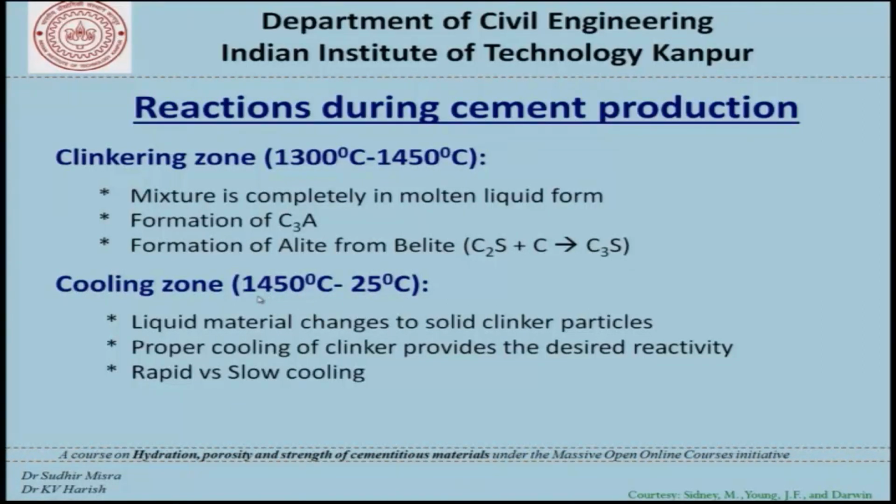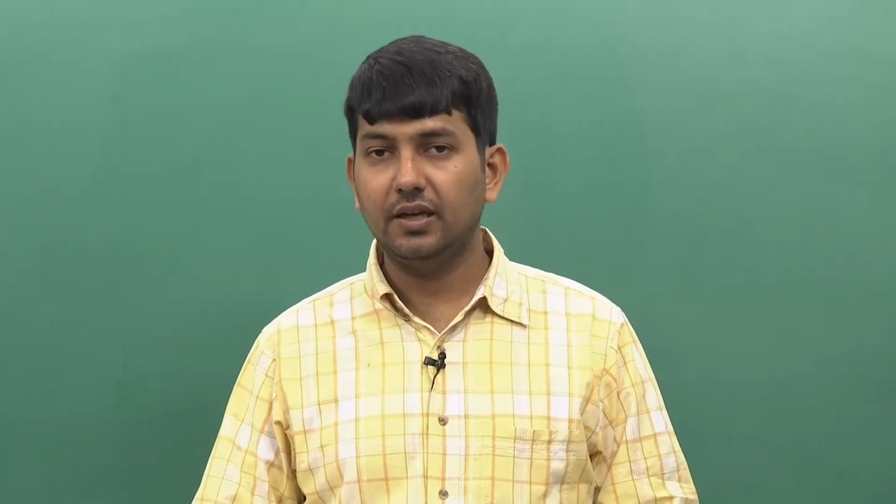So, you can see that the temperature difference here is very high, and hence the cooling can be done either rapidly or slowly. In the cooling zone, liquid material changes to solid clinker particles. Proper cooling of clinker produces the desired reactivity. You can either do rapid cooling or slow cooling. In the plant, usually rapid cooling is followed.